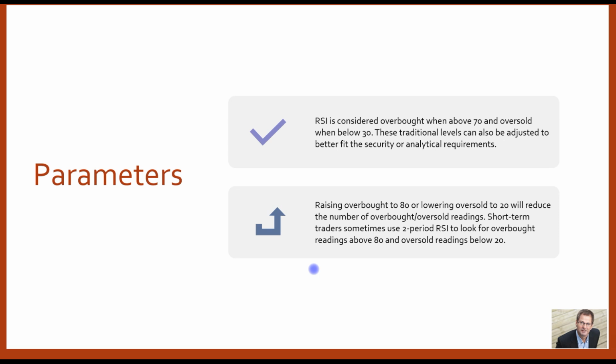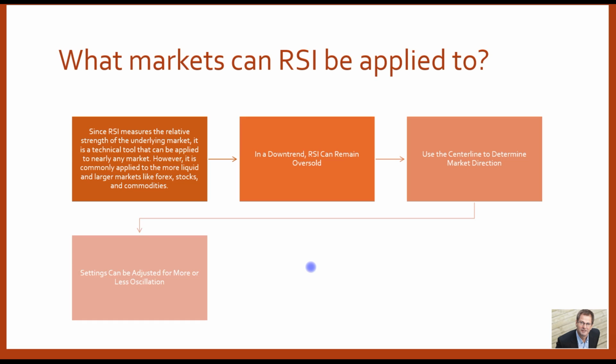Short-term traders sometimes use 2-period RSIs to look for overbought readings above 80 and oversold readings below 20. You can customize it to be any which way you want. But then you can't use any of the research anybody else has done. You have to find research that was done with the same periods that you're using.